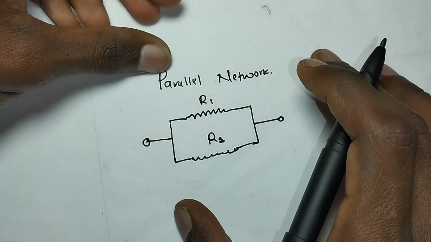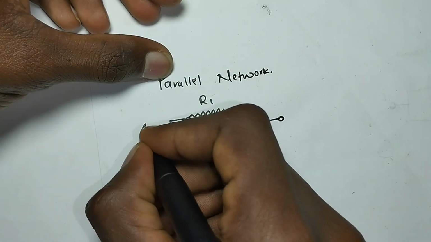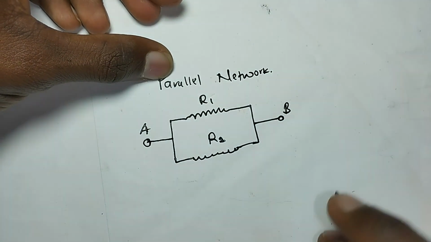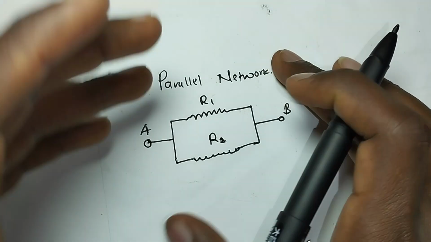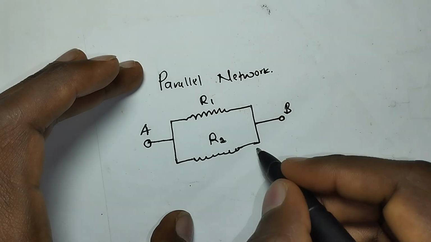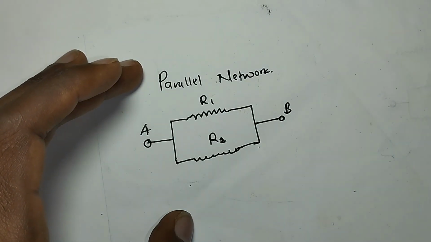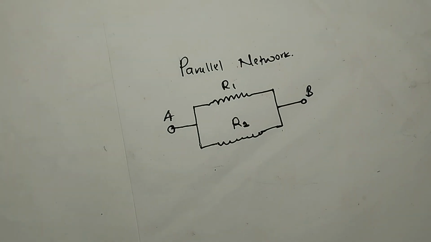For your final resistance value, you take the resistance between point A and B. So this is a parallel connection. You can go on and add more resistors in order to get the value you desire.